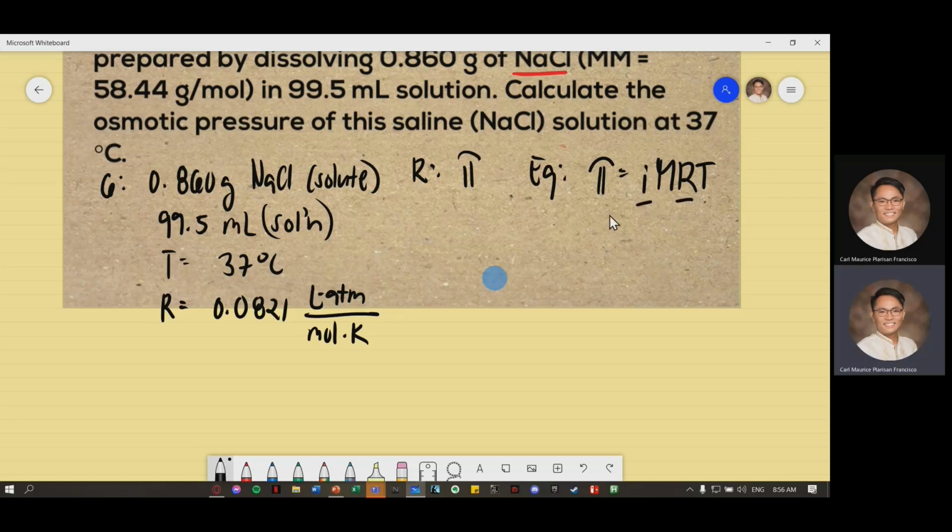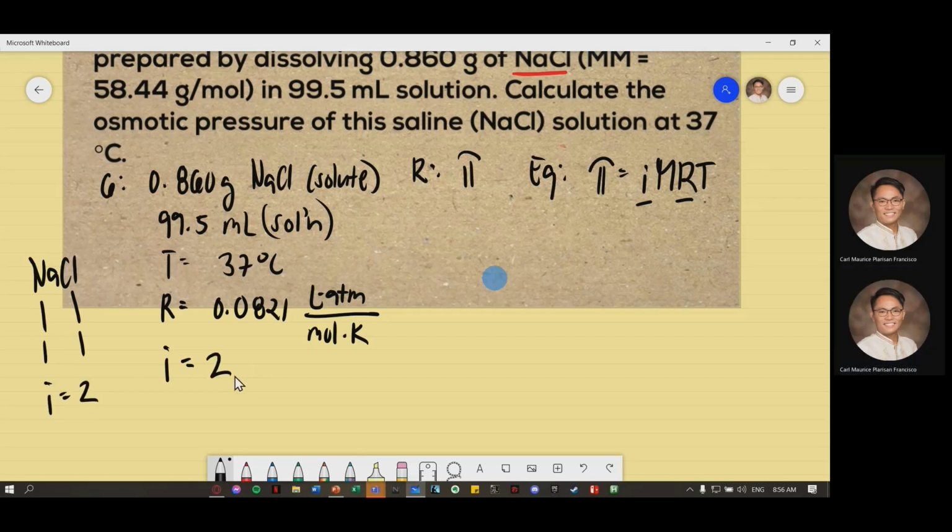How about the Van 't Hoff factor? So the Van 't Hoff factor of NaCl, shortcut, we have one sodium and one chlorine. So i would be 2. Okay. So how about the temperature? Temperature should be in Kelvin. So 37 degrees Celsius should be converted into Kelvin by adding 273.